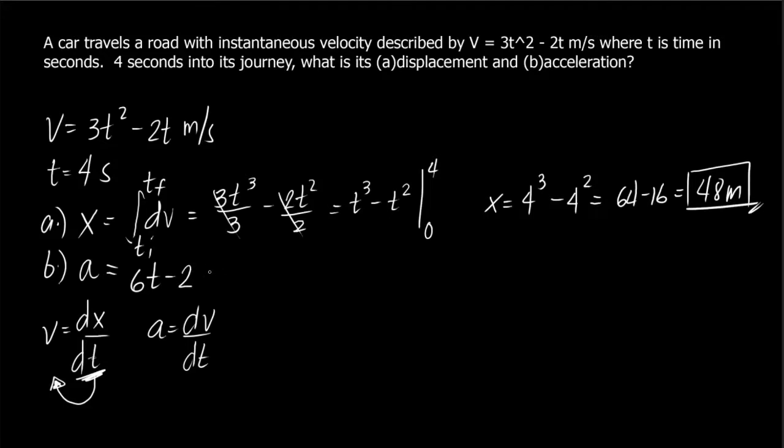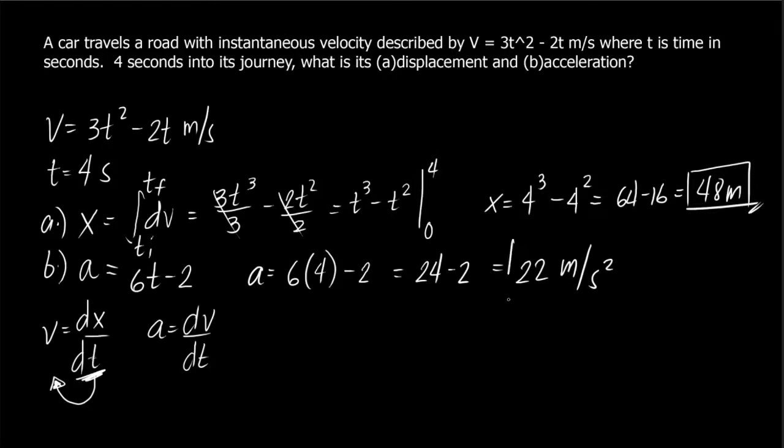So, 6t minus 2. So, substitute nyo lang si t sa 4. So, matabo, a is equal to 6 times 4 minus 2. Okay. Which is 24 minus 2, or 22, and then plug in nyo lang ang inyong unit meters per second squared. Yep.